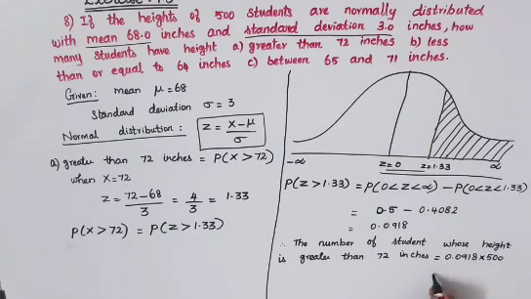Multiplying, you will get your answer as 45.9. Approximately you can write it as 46 students.